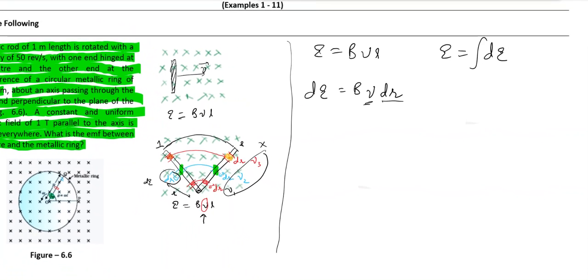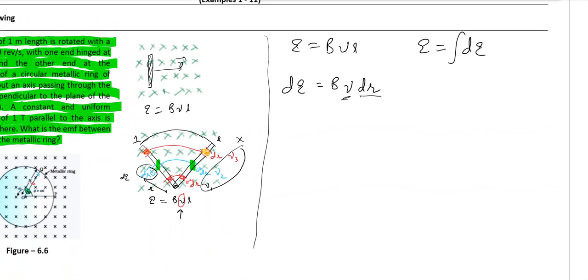Now that will create a bit of a problem because we are given rotational speed, but we can always write v equals r omega. In 11th standard, you must have studied v equals r omega.